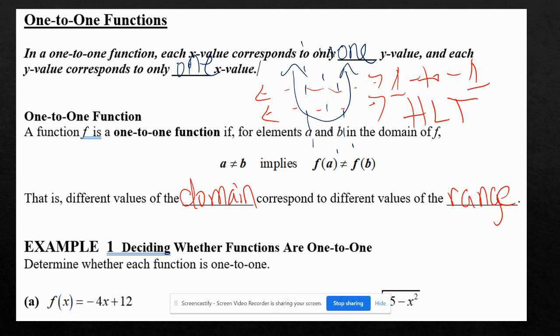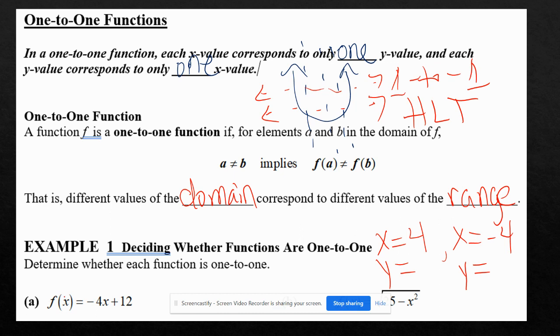Besides the horizontal line test, we can start with plugging in a value. Pick any value you want. Let's say x is 4. If we pick x is 4, we're also going to pick x is negative 4.